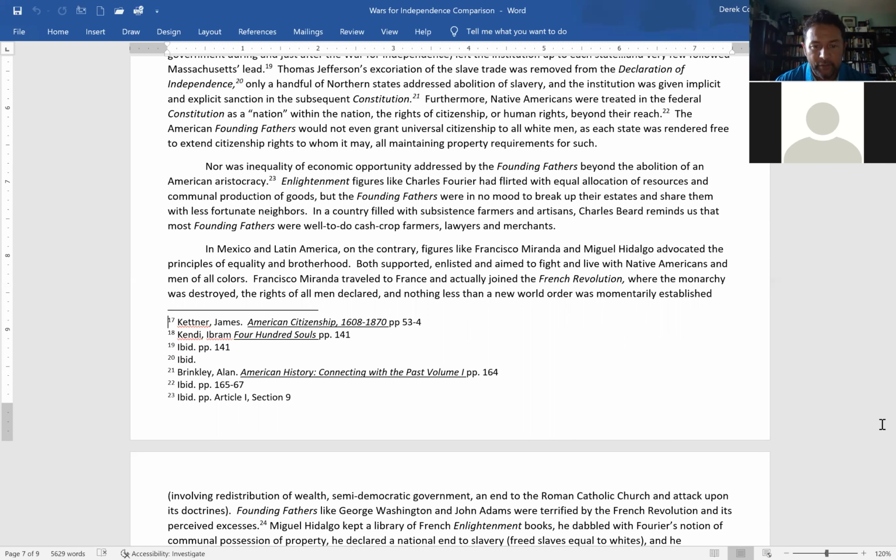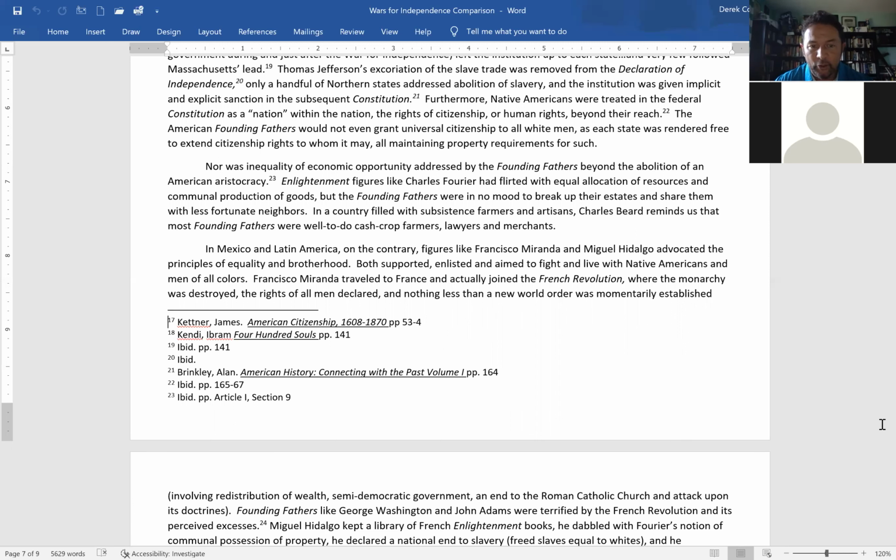Negros, pardos, the whole gamut on the pigmentocracy chart. And that was revolutionary. An end to slavery. That was revolutionary. The full acceptance and integration of Native Americans, very revolutionary.